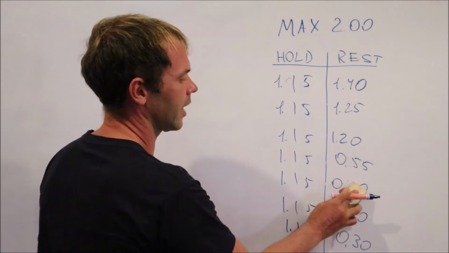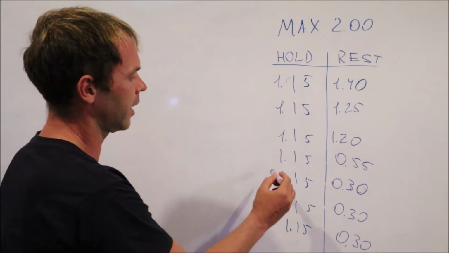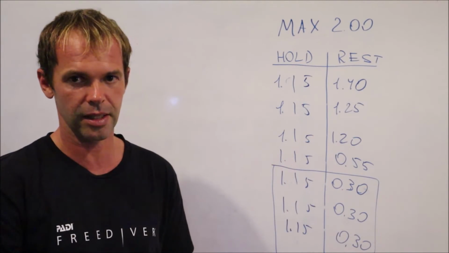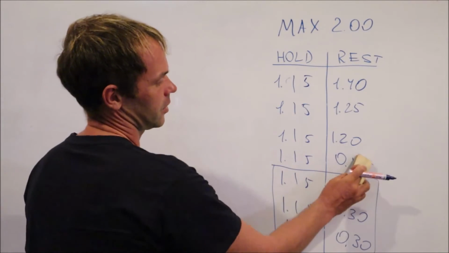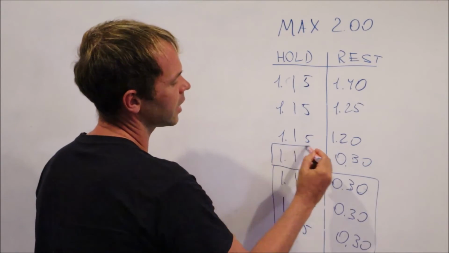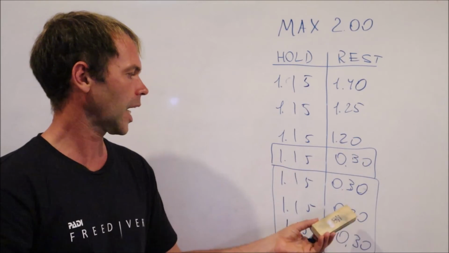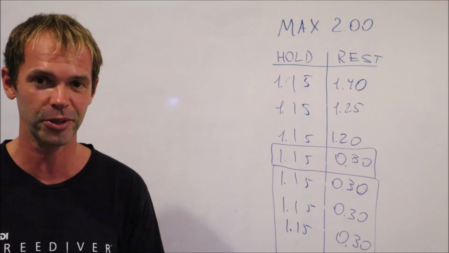You can make this one 30 seconds as well. Okay? So now probably all of these three are going to be not that easy. Again, if you want to go a little bit further, let's make these 30 seconds as well. And as you can see, you can make it harder and harder by having only 30 seconds of recovery time.